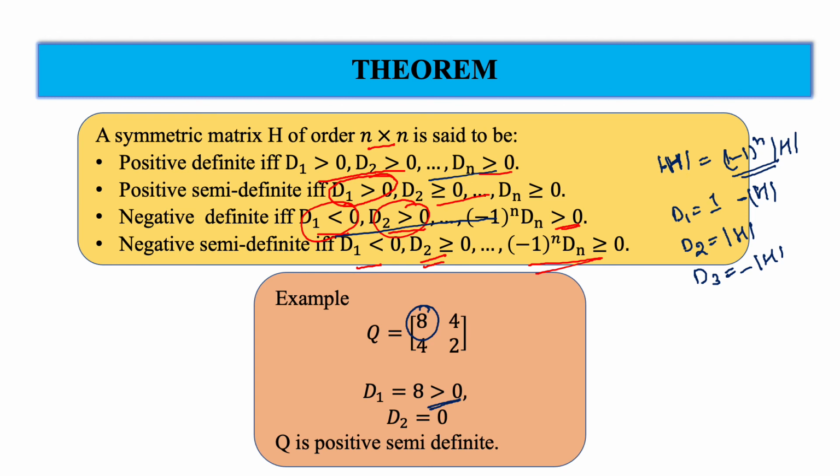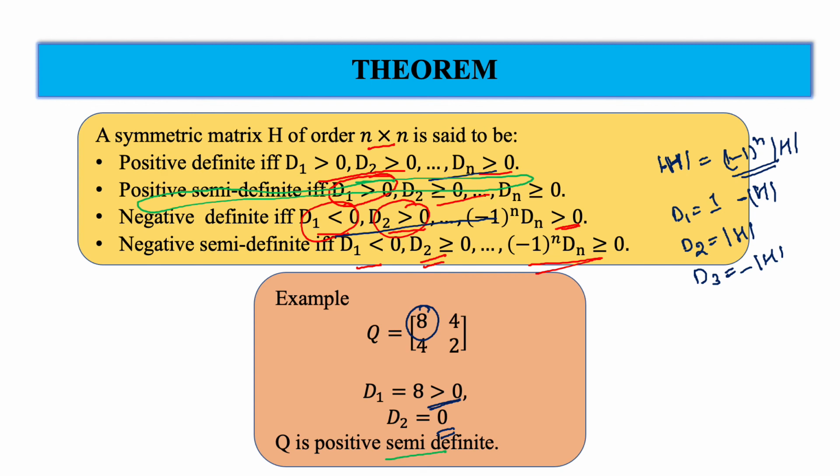D2 is 8 into 2 is 16, 16 minus 16 is 0, so it is equal to 0. By this test we can say that it is positive semi-definite, because D1 is strictly greater than 0 and D2 is greater than or equal to 0, so matrix Q is positive semi-definite.